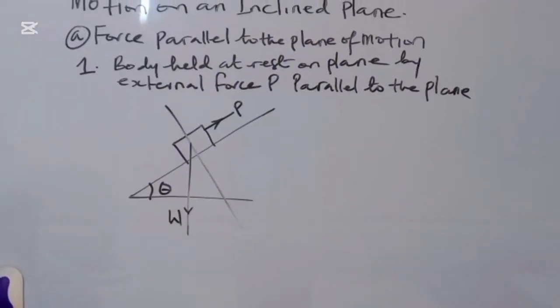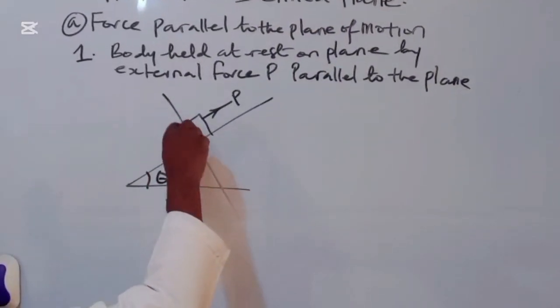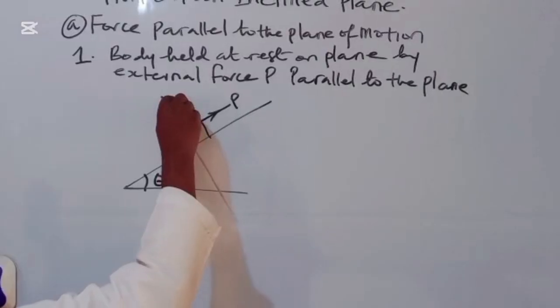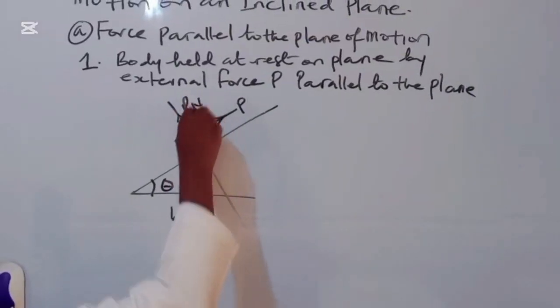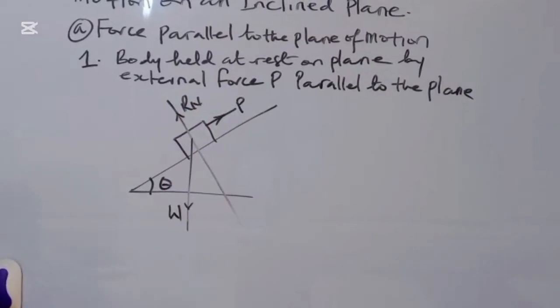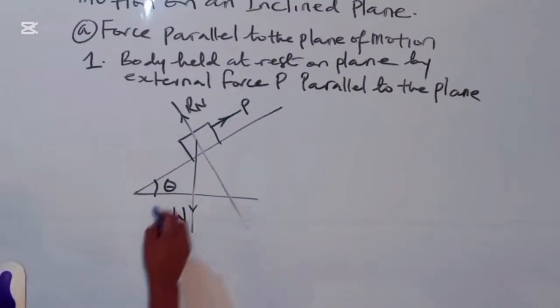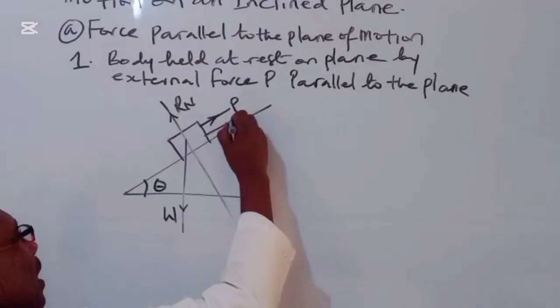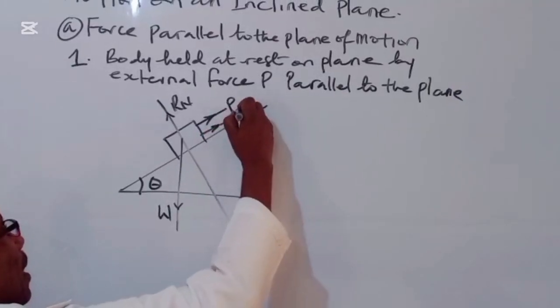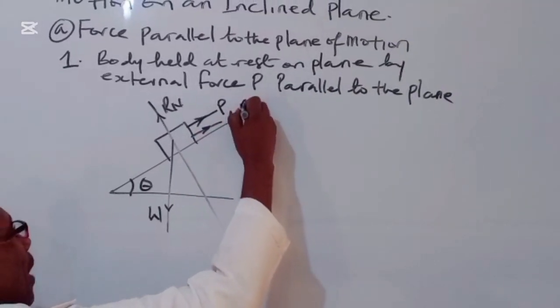The body is on top of the plane, so this will be the normal reaction acting upwards. Without this force P, this body will slide down, so the force of friction will act in the opposite direction. Let's call it mu Rn.